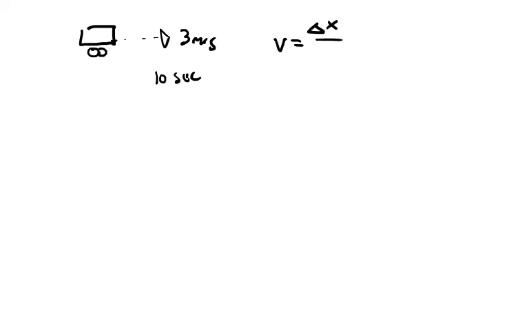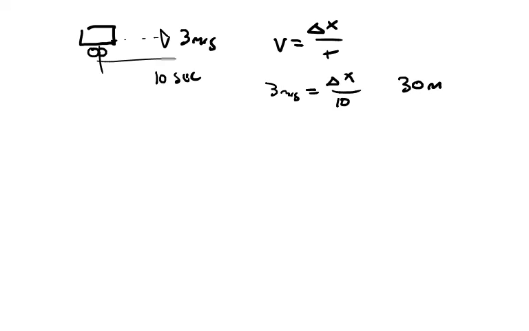So when we looked way back at motion graphs, let's say we had a car that's going at 3 meters per second, and let's say it goes for 10 seconds. Velocity equals displacement over time, and we have 3 meters per second for 10 seconds. So let's say the car is going to go 30 meters.